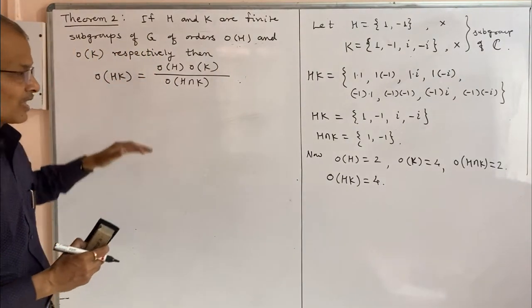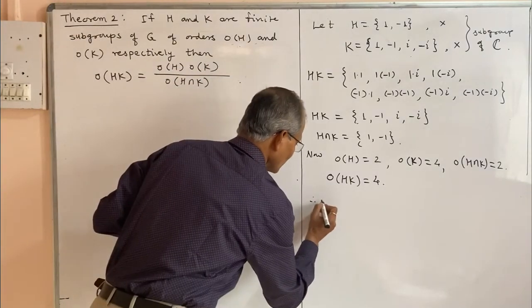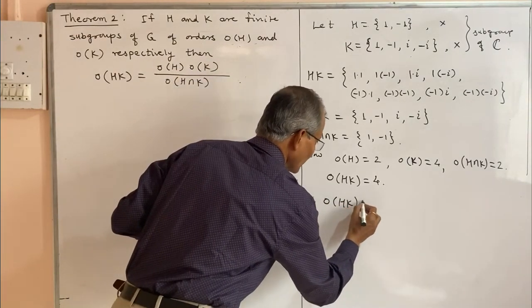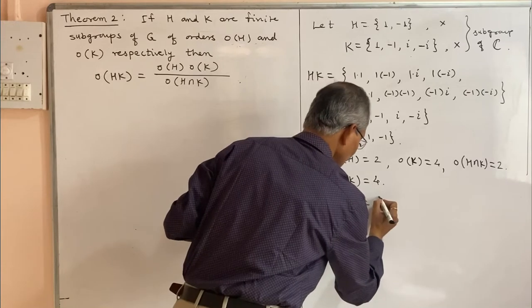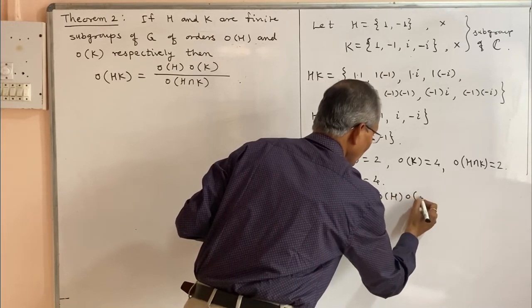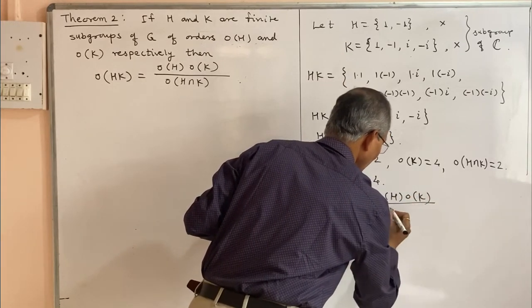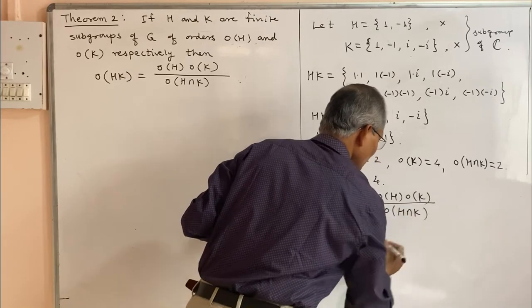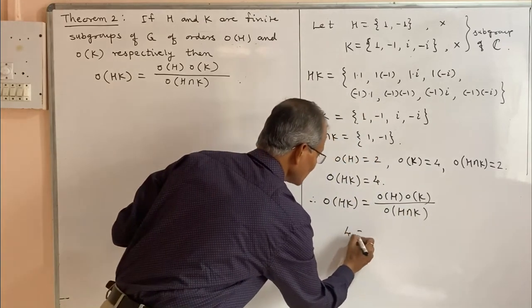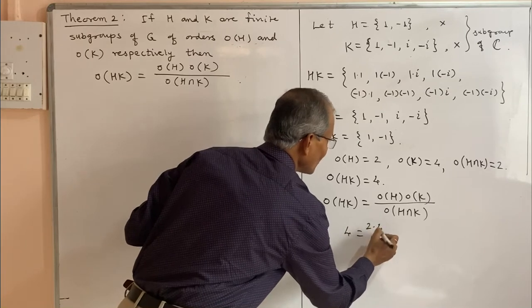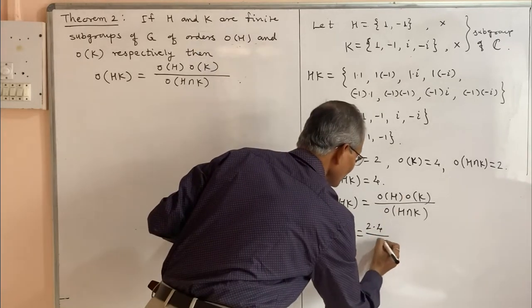So order of HK is equal to order of H into order of K divided by order of H intersection K. That means 4 is equal to 2 into 4 divided by 2.